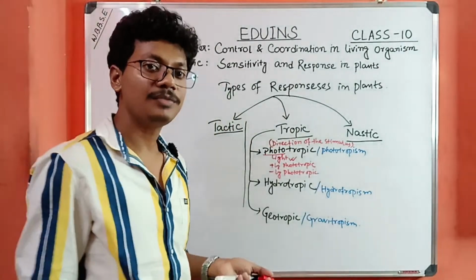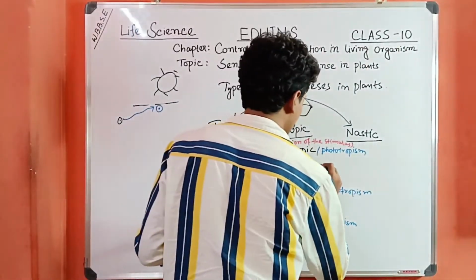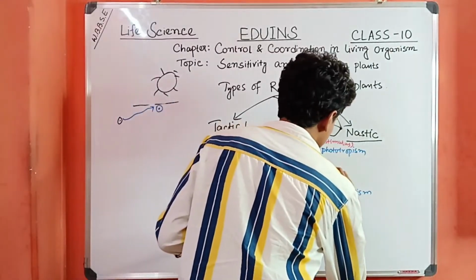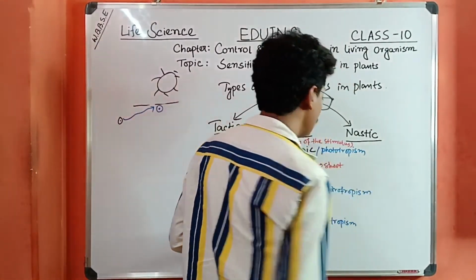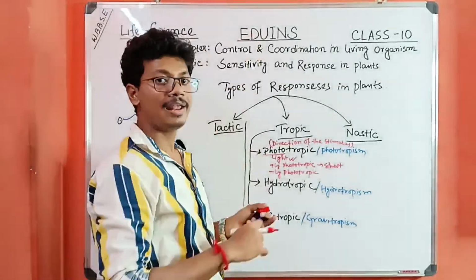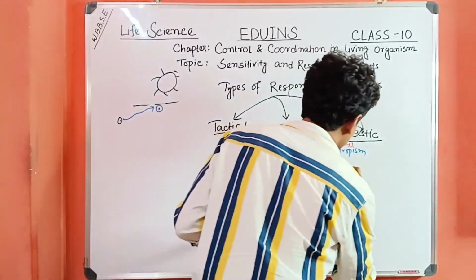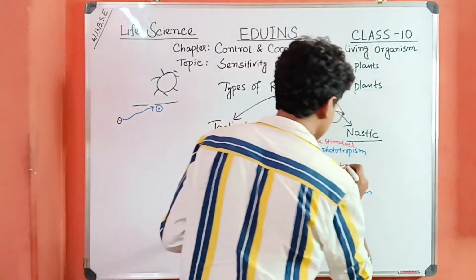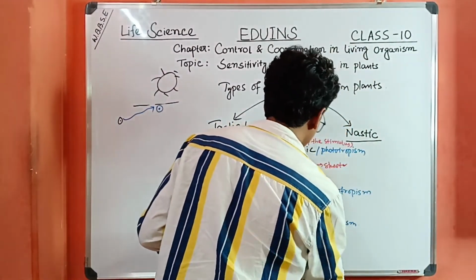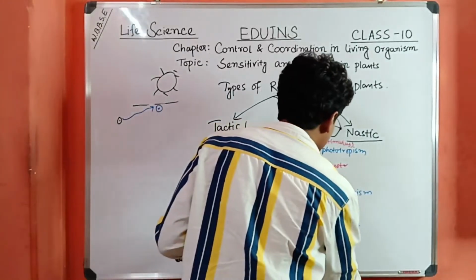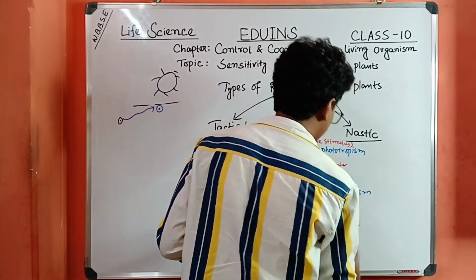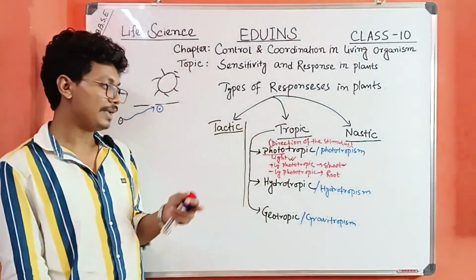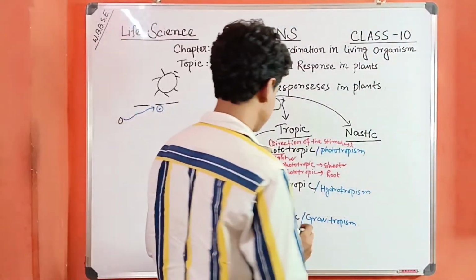What is the example of positively phototropic? We know the shoot of the plant grows upward from the soil and reaches the sunlight exposed area. And what is negatively phototropic? That is root. Okay, because root always goes inside the soil.